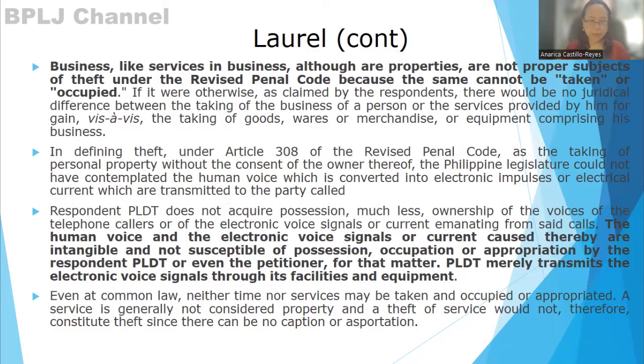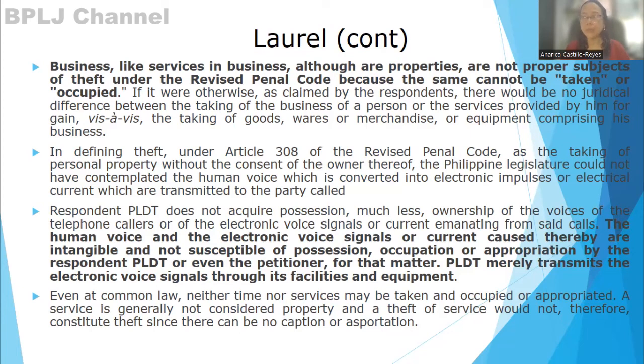So in this case, respondent PLDT does not acquire possession, much less ownership of the voices of the telephone callers or of the electronic voice signals or current emanating from the said calls. So the human voice and the electronic voice signals are intangible and not susceptible of possession, occupation, or appropriation by PLDT or even the petitioner.